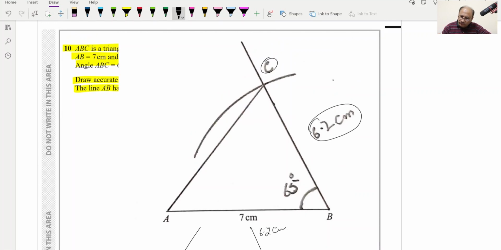This is point C. And the angle is 65, and we have taken this as the zero line and drawn the 65 angle, and then we have drawn this arc which is at 6.2 centimeters, and this is the final drawing which we have done. Hopefully you understood each and everything.